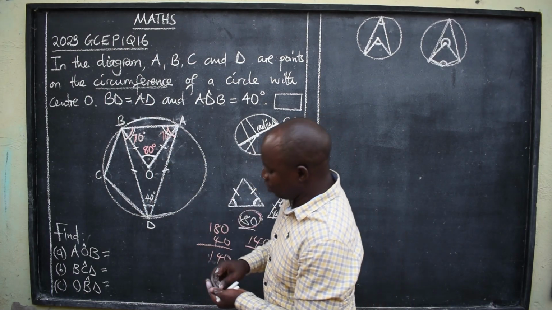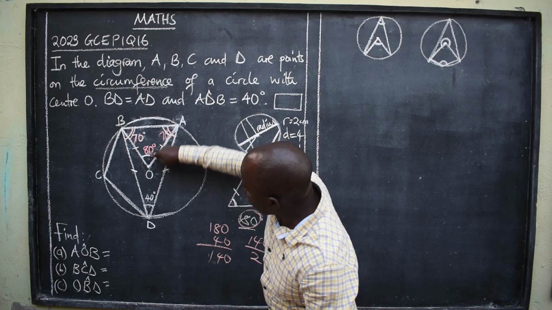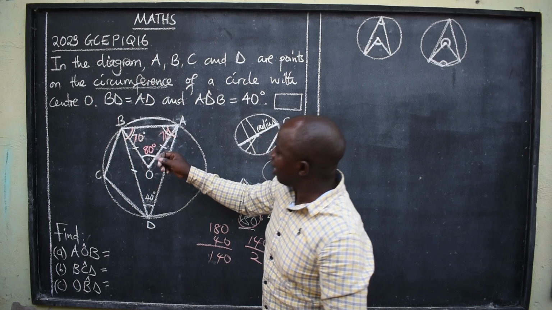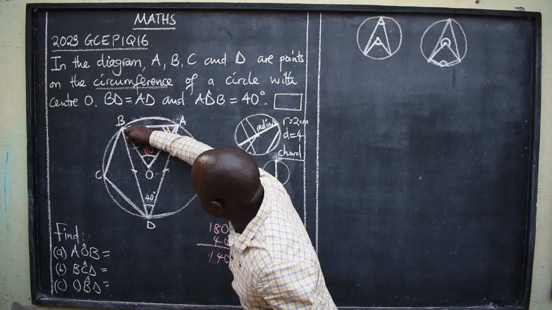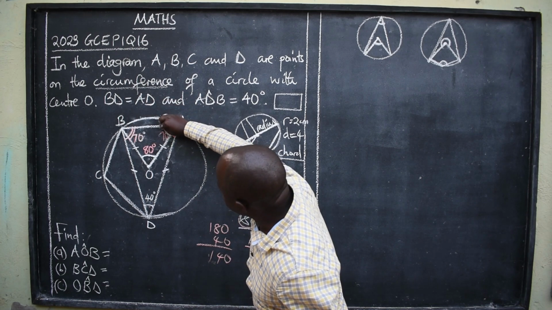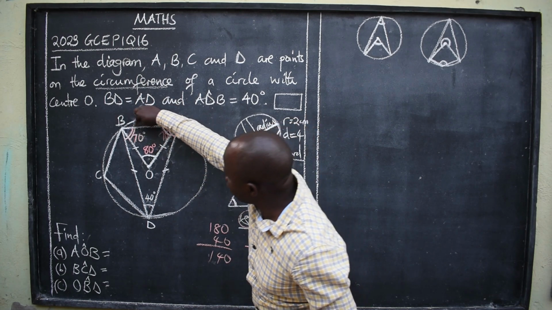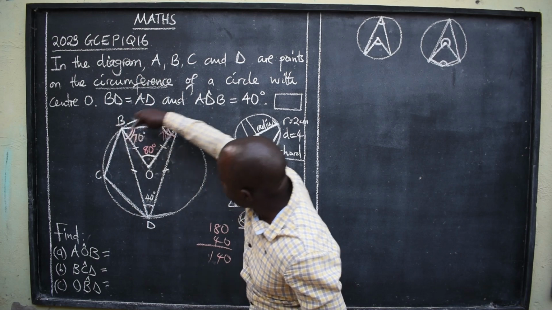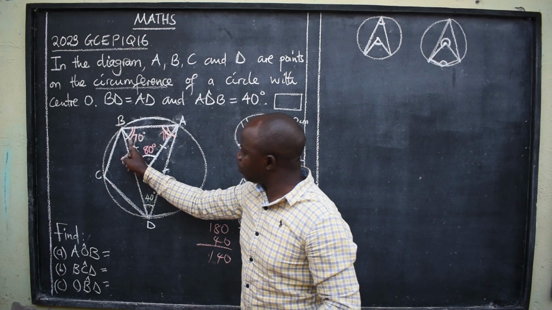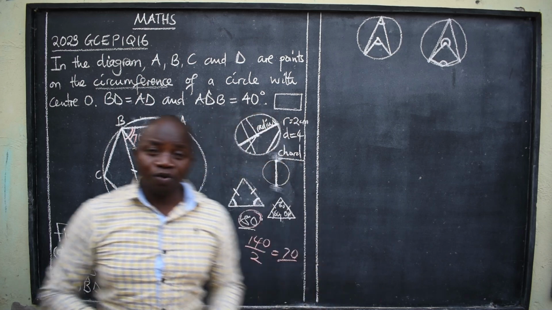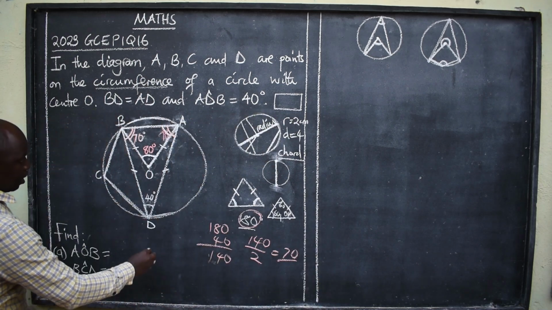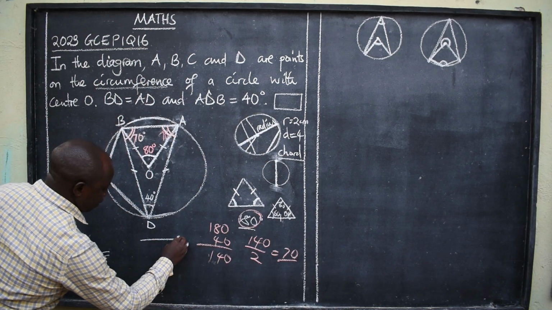Now that I know that this angle here is 80, it is now easy for me to find this angle here, which will be equal to this. Remember, the 70 is from this end to this end. Now I want from this point to this point for the small triangle.